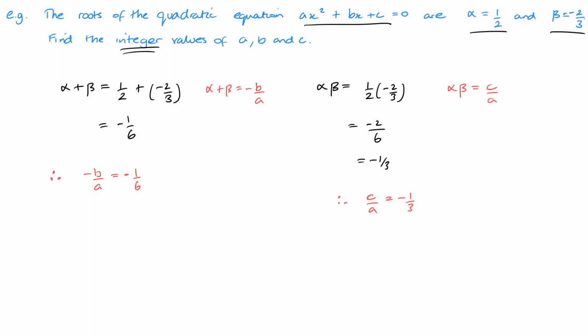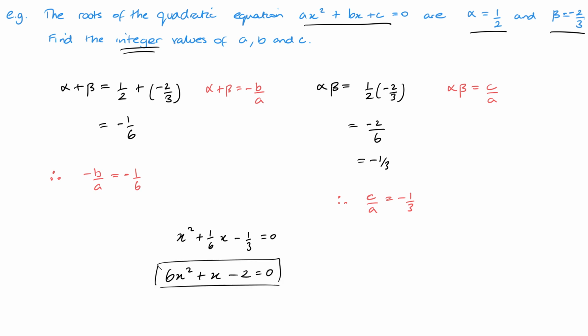And then from here I can create my equation, and I can think of it in more than one way. So for example, I can jump straight in with x squared plus 1/6x minus 1/3 equals 0. And then multiply everything by 6.